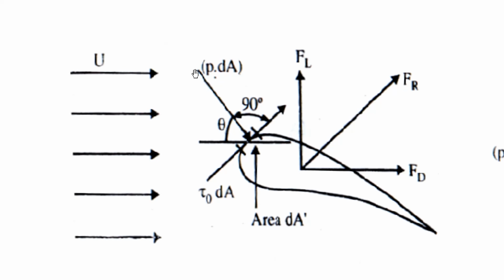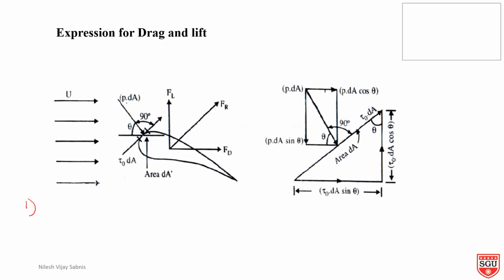Let the angle made by the pressure force be theta with the horizontal direction. The drag force on the elementary area is the force due to pressure in the direction of motion plus the force due to shear stress in the direction of motion.